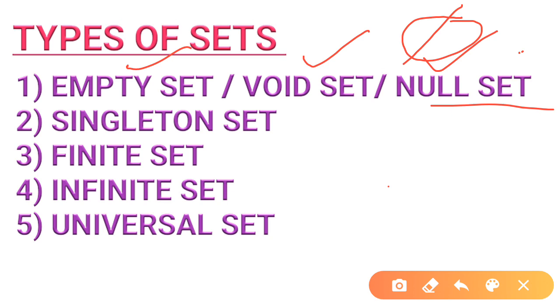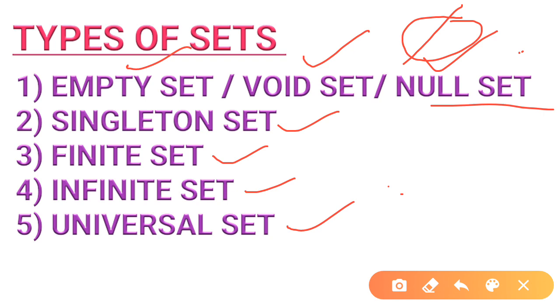Singleton set. Second one, Singleton set. Next, third one, Finite set. And fourth one, Infinite set. And fifth one, Universal set. So these five we are seeing today.